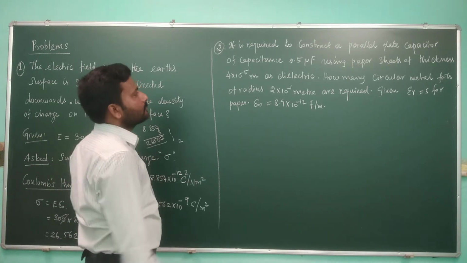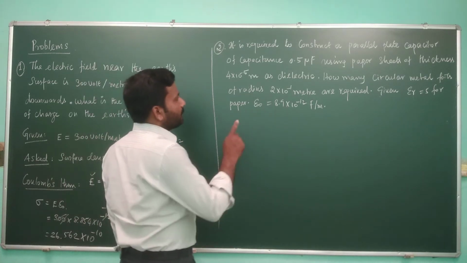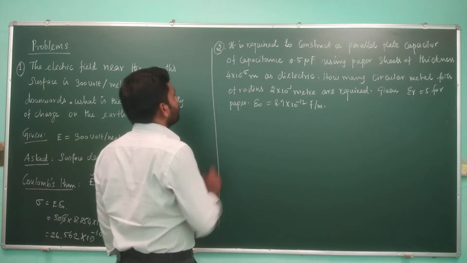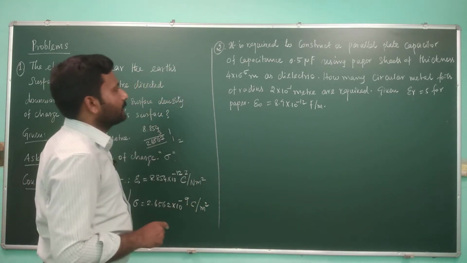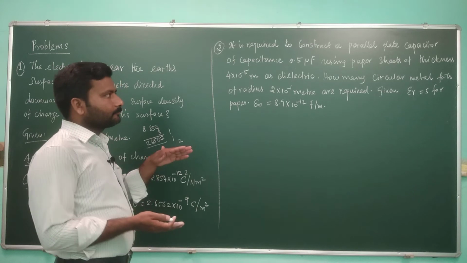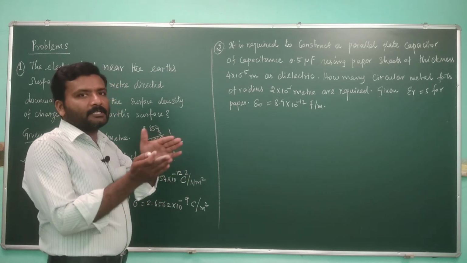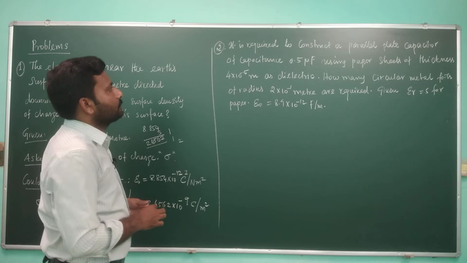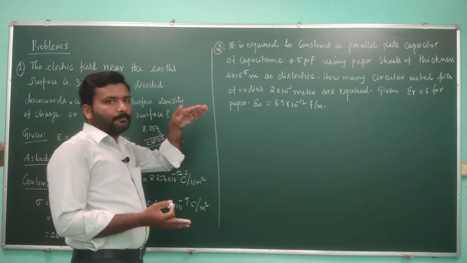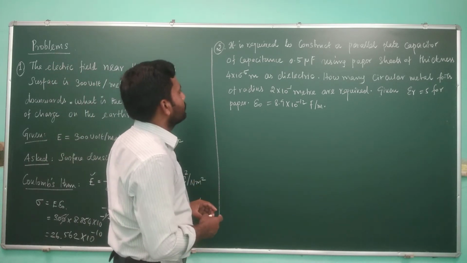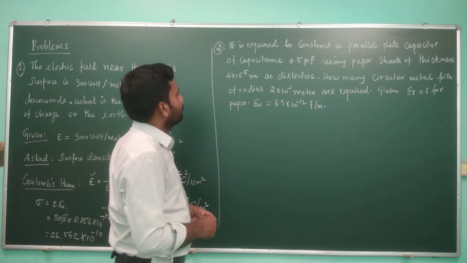What we have to use? We have to use paper sheets of thickness 4 into 10 power minus 5 meter as dielectric. So in between the plates, paper sheet is used as a dielectric.